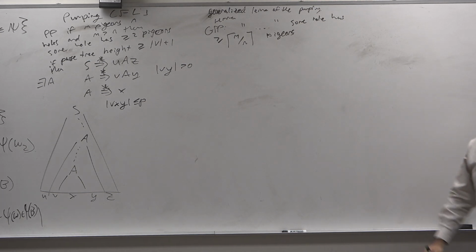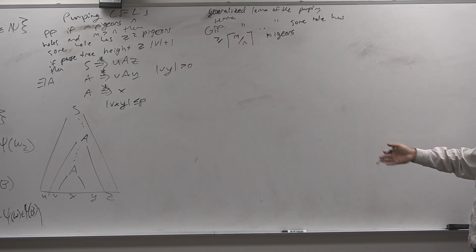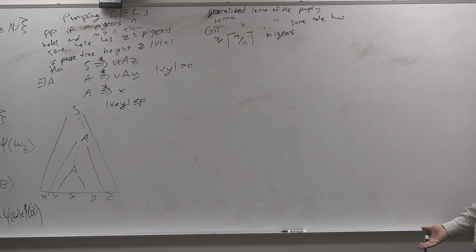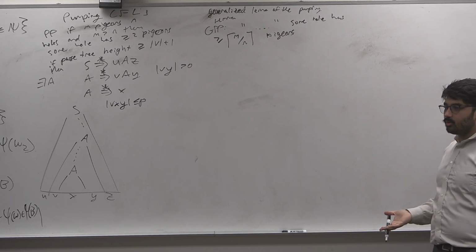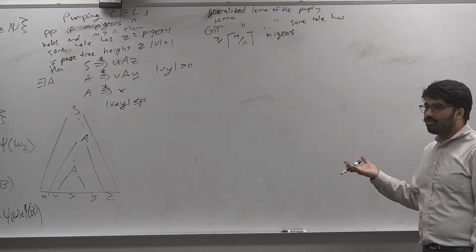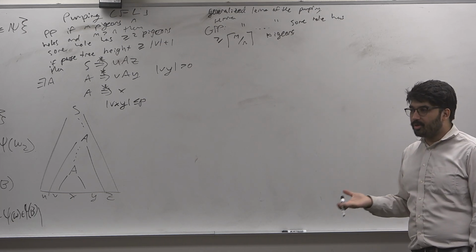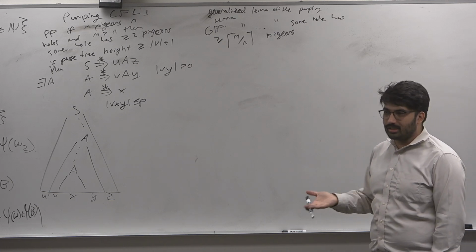Right? So it not only says that there's a hole with at least 2 pigeons, it says that there's a hole with some more pigeons, like some specific number it can tell you. Let's say you have 30 pigeons and 8 holes. The pigeonhole principle will tell you there's a hole with at least 2 pigeons in it.